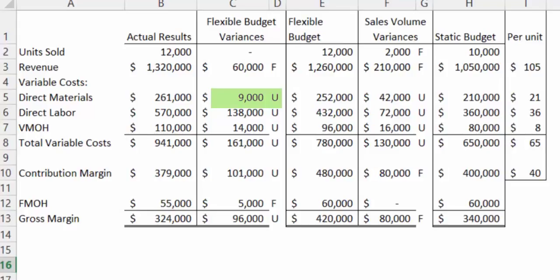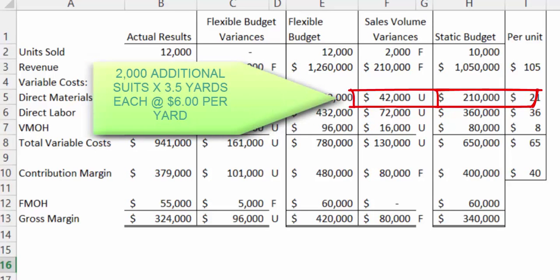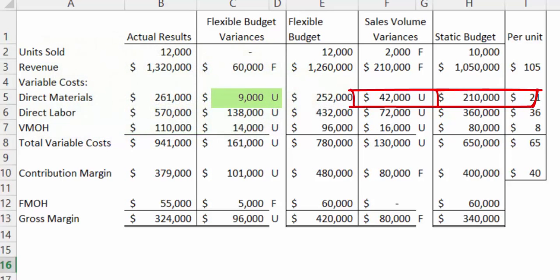If you look at the static budget of $210,000, we used $42,000 more of materials because we made 2,000 more suits. And so that is 2,000 suits times 3.5 yards per suit times $6 a yard. That works out to be the unfavorable sales volume variance.